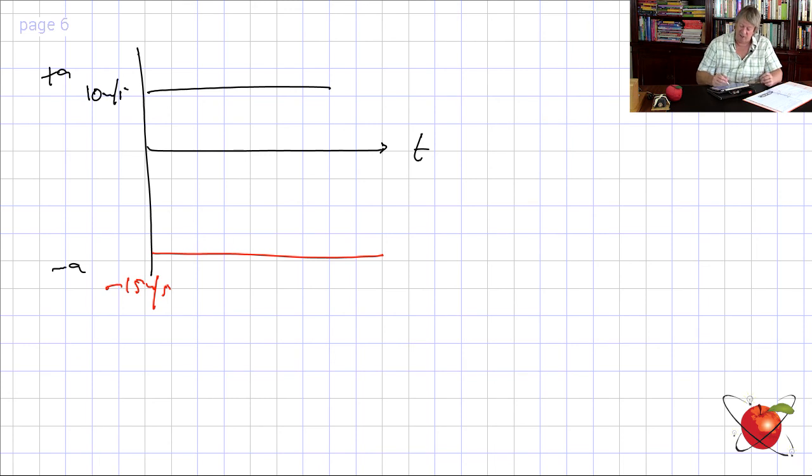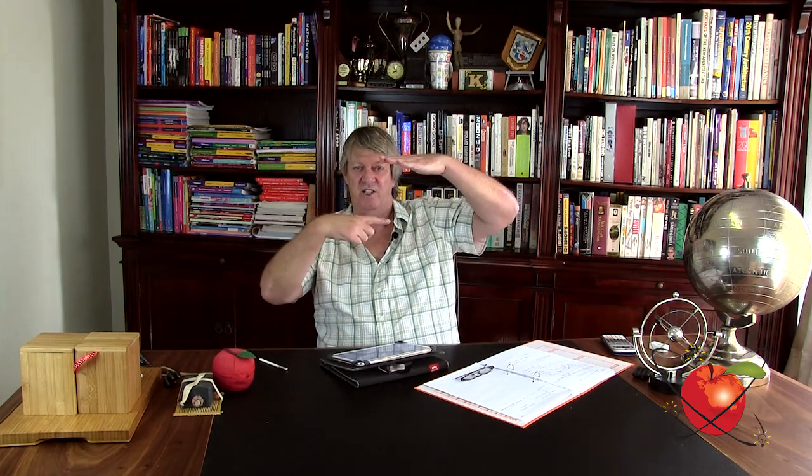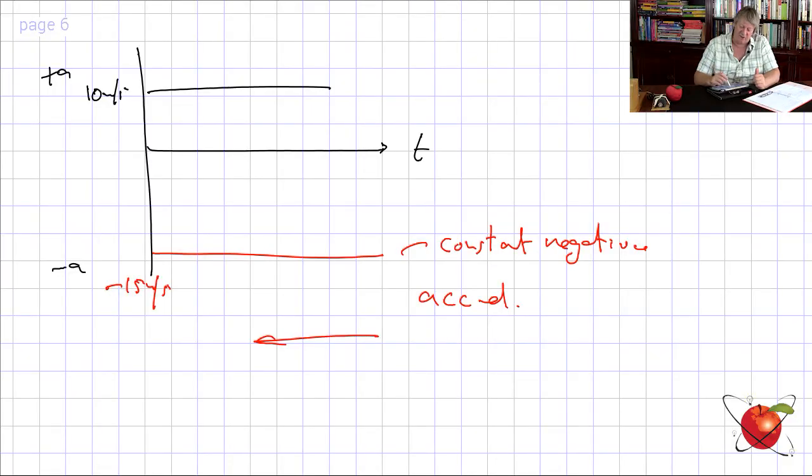Well, this means constant negative acceleration, which means the acceleration is in the opposite direction to positive. If I'm traveling with the velocity this way and my acceleration is this way, I am slowing down. And if I'm traveling this way with an acceleration, I'm going to be going faster, aren't I? So therefore, I've got a negative acceleration.